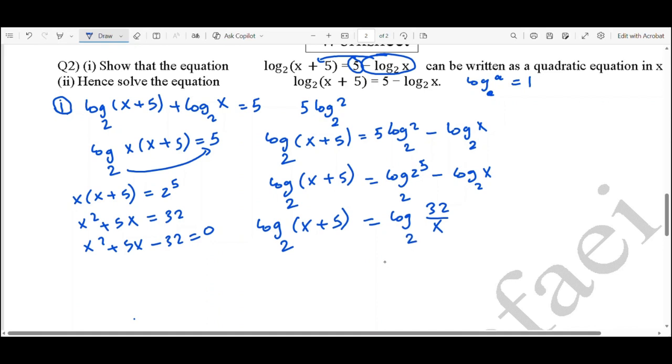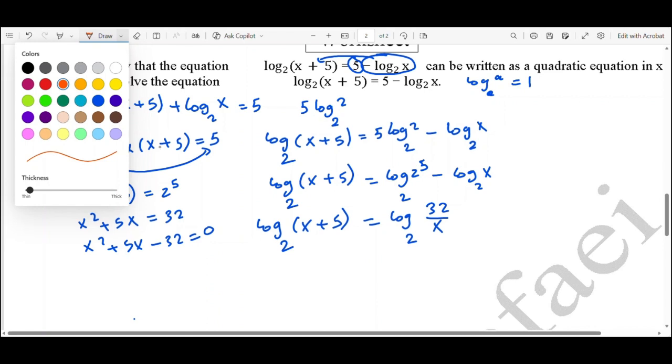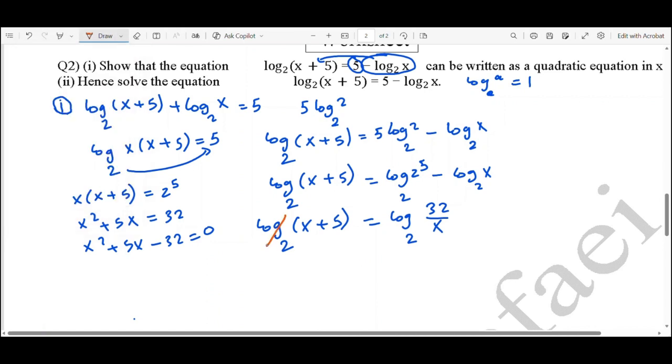Because both sides share the same base, I'm going to cancel out the log.